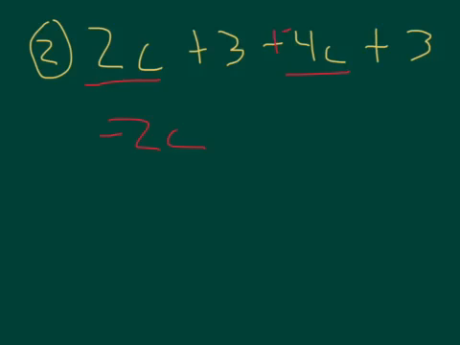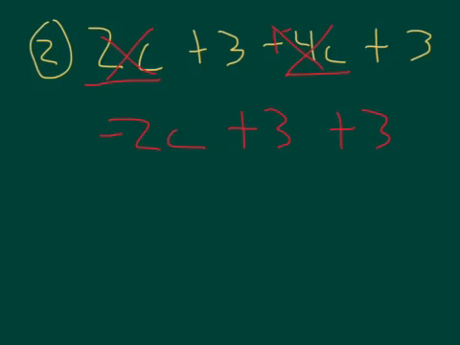And then since you combined your 2c and your 4c, you want to go ahead and cross those off and then bring down everything you have left, which is a plus 3 plus 3. Okay, and so now you're through your second step. Now you want to do your third step, which is to combine any numbers.